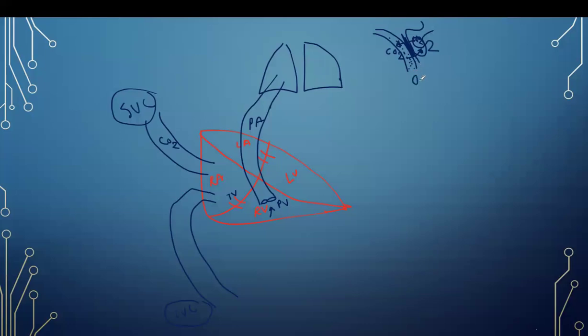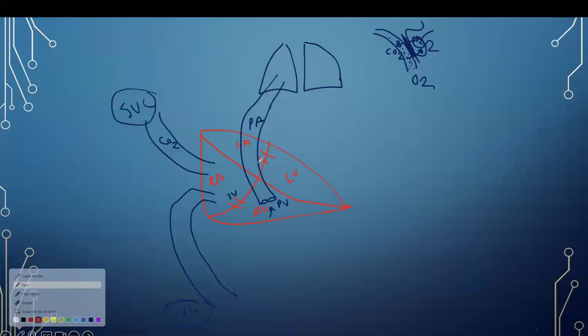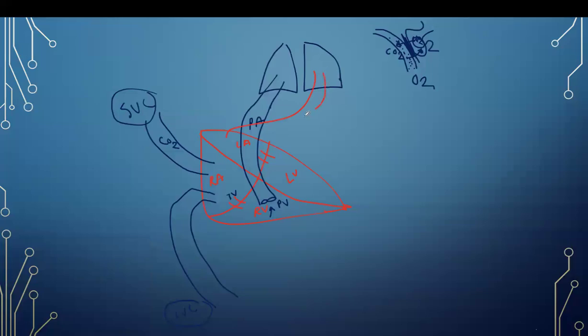Now this blood is oxygenated blood. Oxygenated blood will be carried by the pulmonary vein. The pulmonary vein will carry the oxygenated blood and bring it into the left atrium.